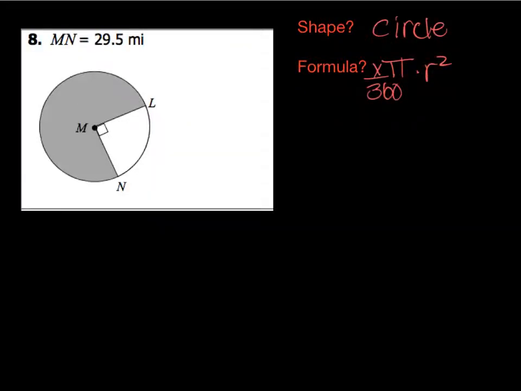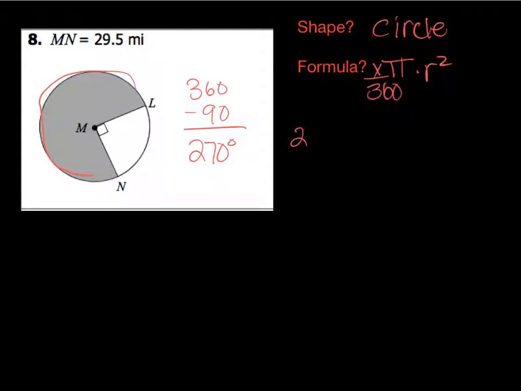So we take a look and we see the shape is a circle. We're not looking for the area of the whole circle, so we're doing x over 360 times pi r squared. Well, the shaded region is definitely not 90 degrees. So what we're going to do is take 360 and subtract 90 degrees. When we do that, we get 270 degrees. So 270 degrees is this arc of the shaded area.